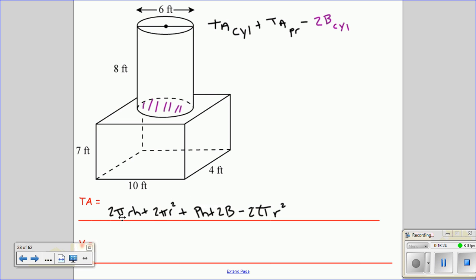Alrighty. So for my cylinder, my radius and my height, I need to substitute in the right place.